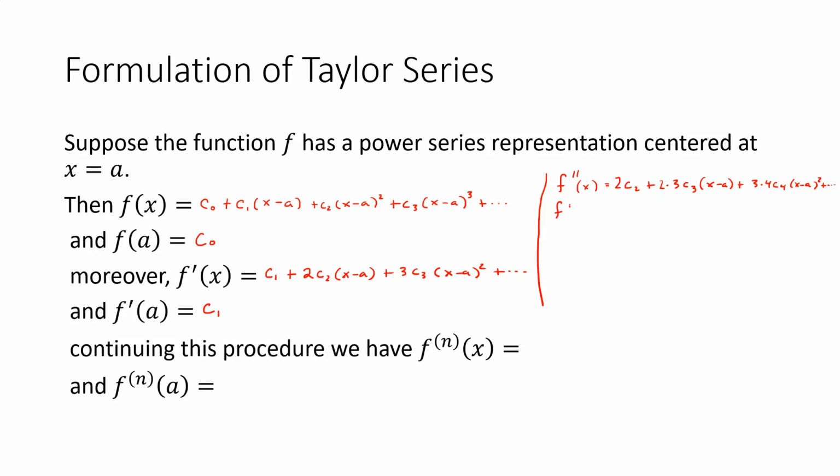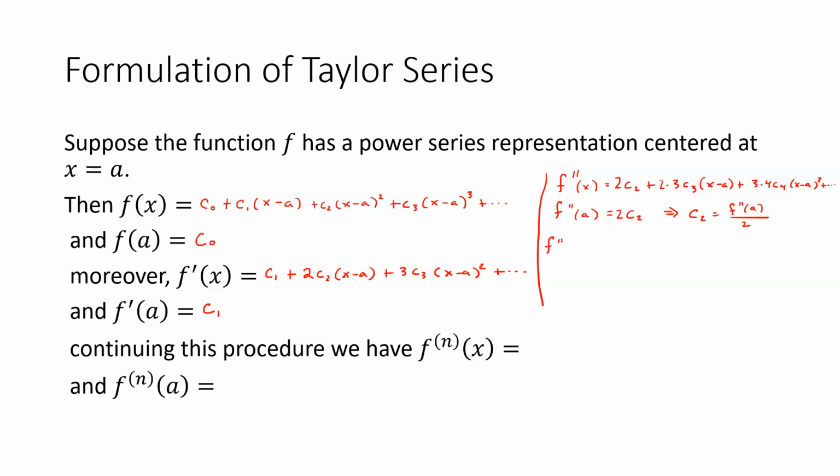So then f double prime of a would just leave me with the constant term 2c2. Notice here that this would then give me c2 is equal to f double prime of a over 2.